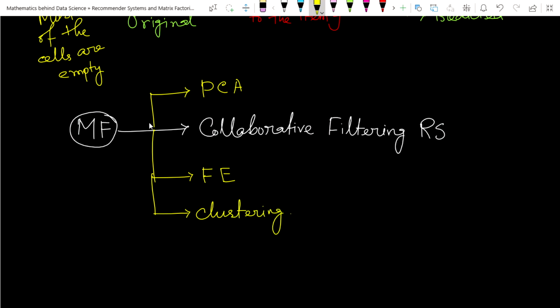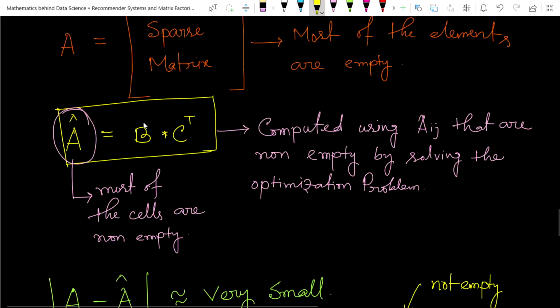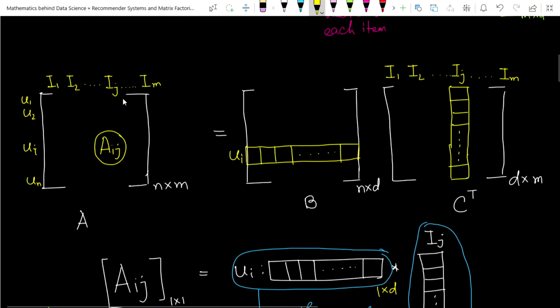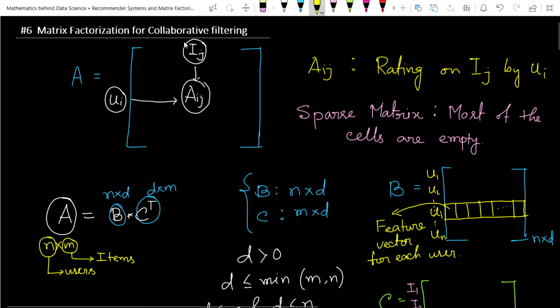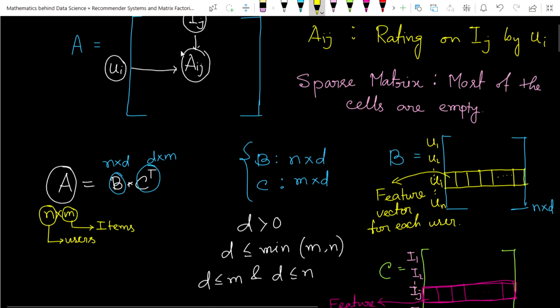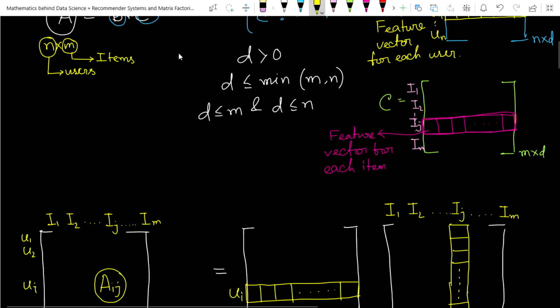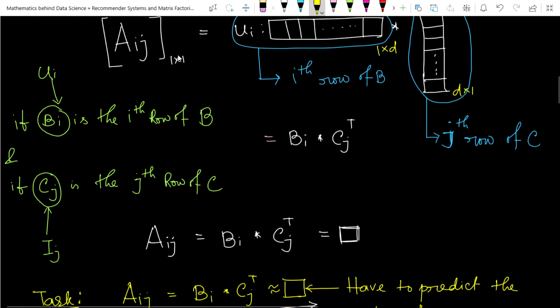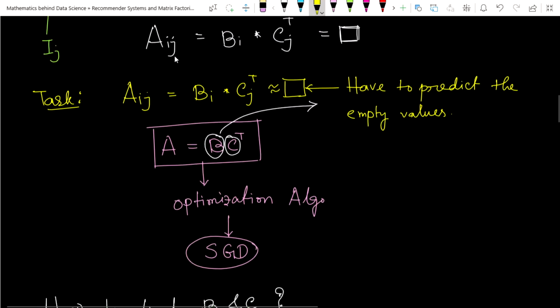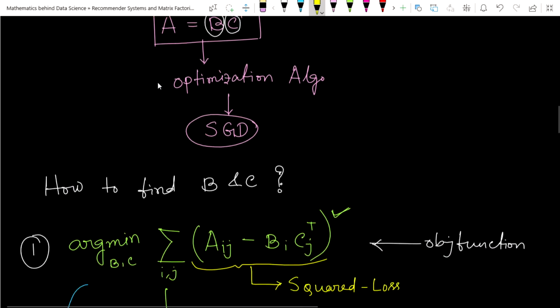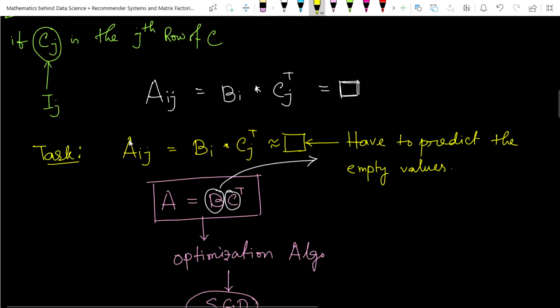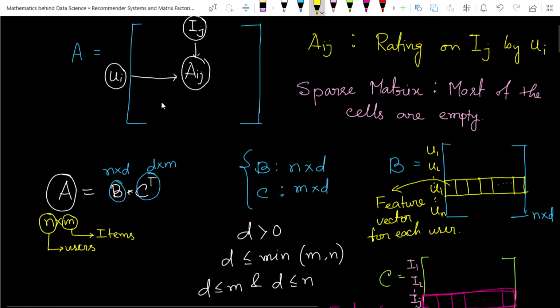I think you got the idea how we will use the matrix factorization technique to build a simple collaborative recommendation system. Just to recap: first, we have to define the optimization problem, the task that we have to do. We have to predict the empty values of this recommender matrix.